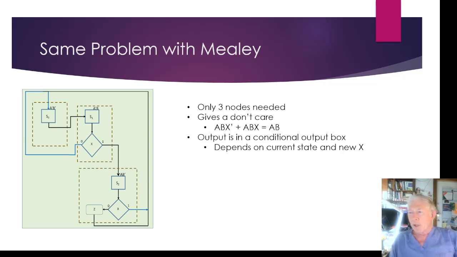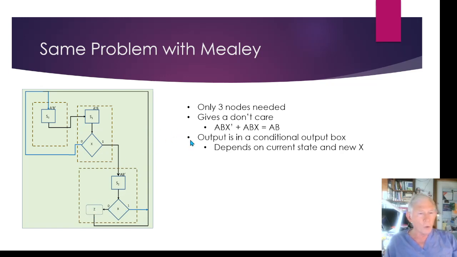All right. Notice how the Mealy output is in this conditional output box. It is not in our state box. We have no outputs in our state box because this problem doesn't have a Moore output. It only has a Mealy. And in our Moore output, you can see the Mealy output here.